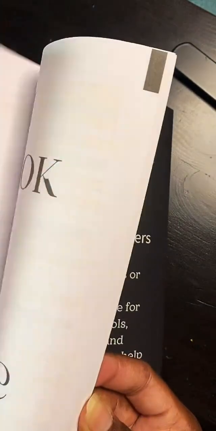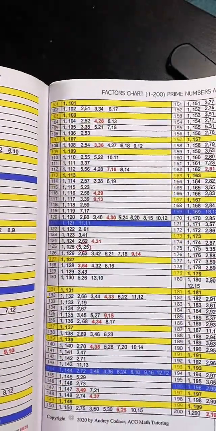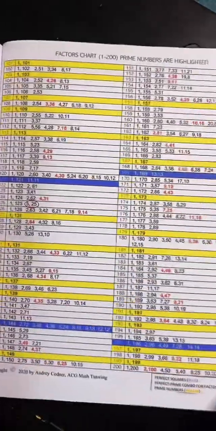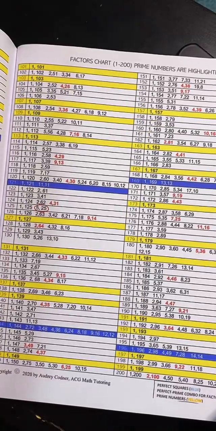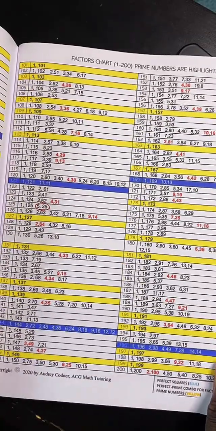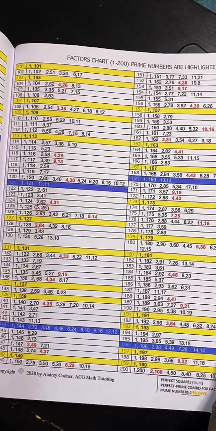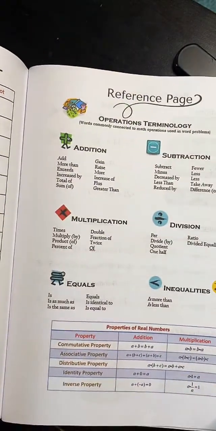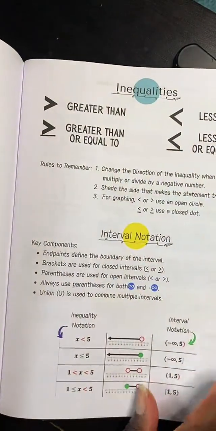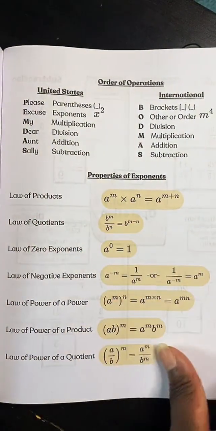And then in addition to it, I have these resource pages. So if you're not strong with knowing your factors, I have factors from 1 all the way to 200 in the back of this book. That helps with breaking down radicals, getting your factors, figuring out your lowest common multiple, your greatest common factors, as well as words and terms, inequalities. We just talked about order of operations and exponents.